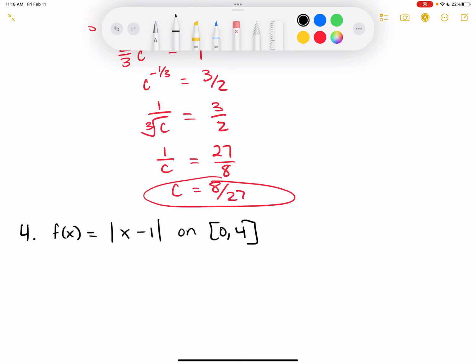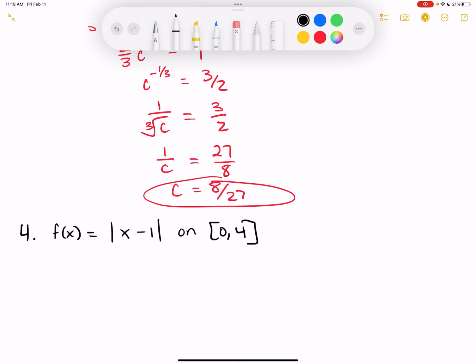What do we know to be true about this function? What kind of a function is that? So that's an absolute value function, shifted to the right 1.